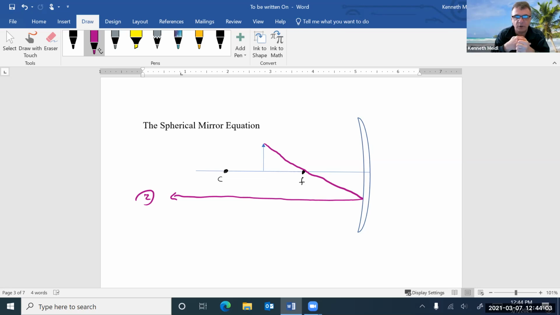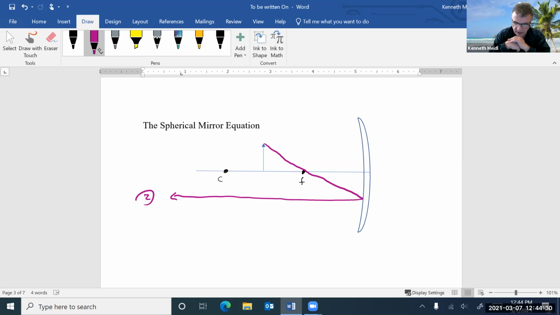And I want it to tell me whether it's real or whether it's virtual. But I do need to give information on, in that case, the lens, and that information was the focal distance. And so here I want the same thing, that if I tell you the focal distance of the mirror and where the object is, can you supply me information about where the image is going to be formed?